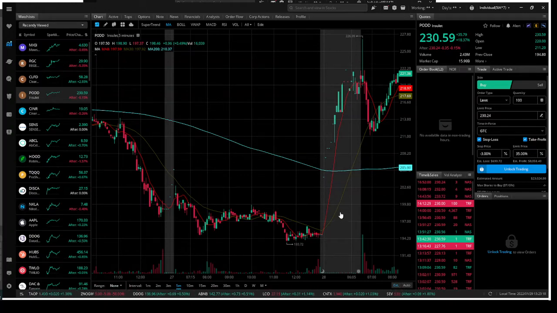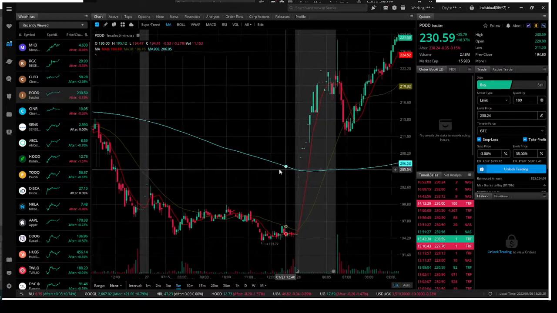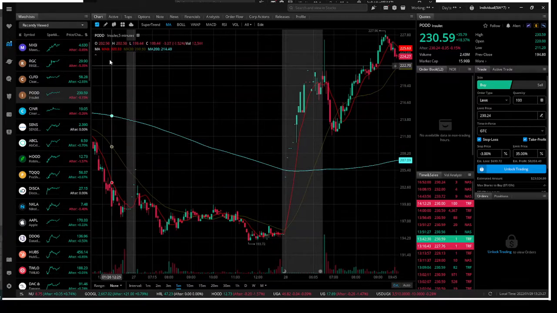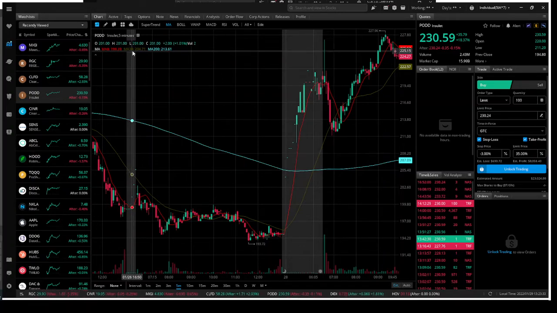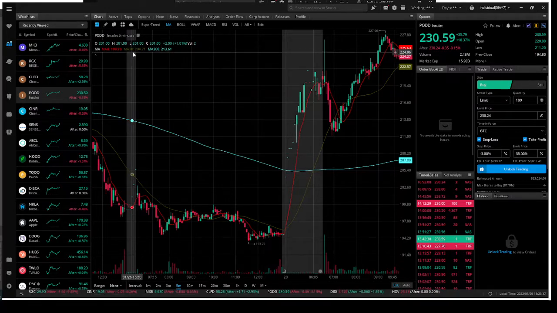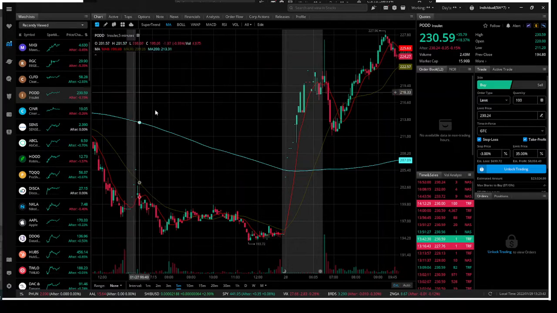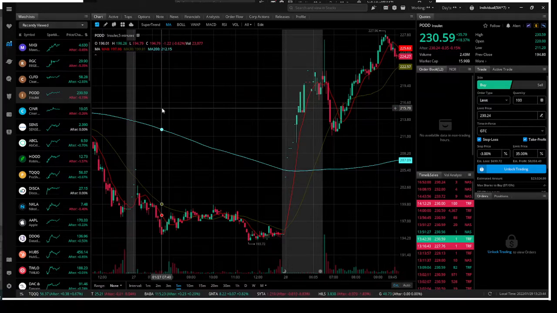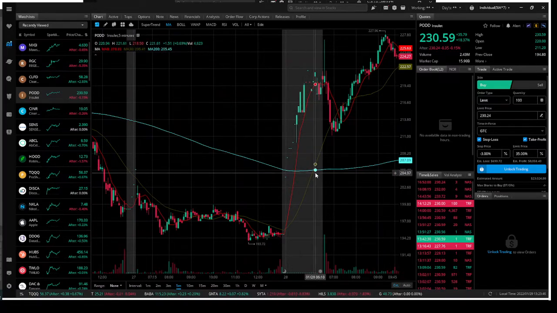Okay, and then you just give it different colors. You can tell the red one is the 8, the dark green one is the 30, and the bright blue is the 200.